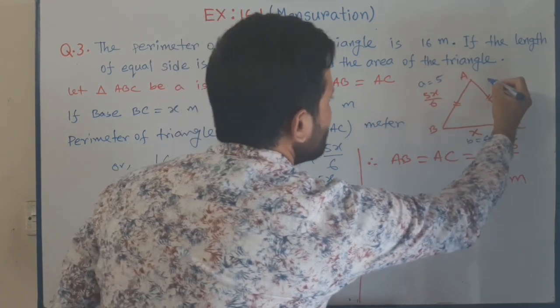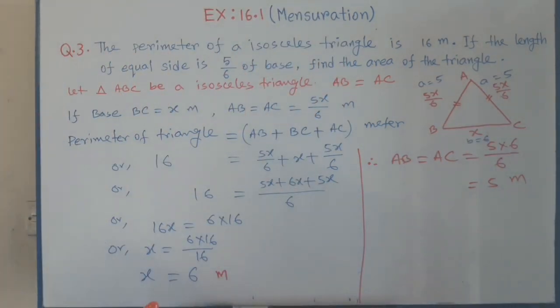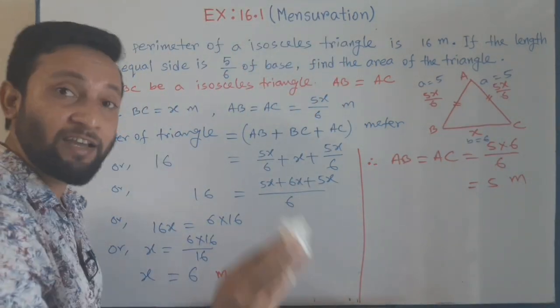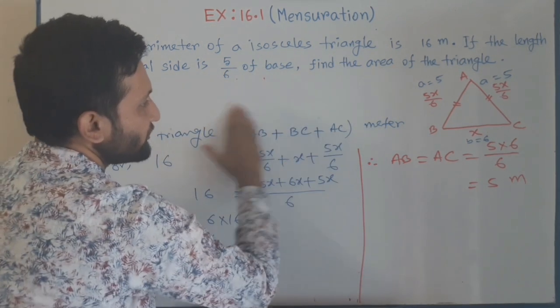Now we use the formula for the area of an isosceles triangle.